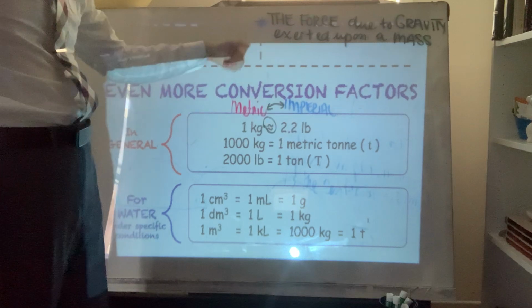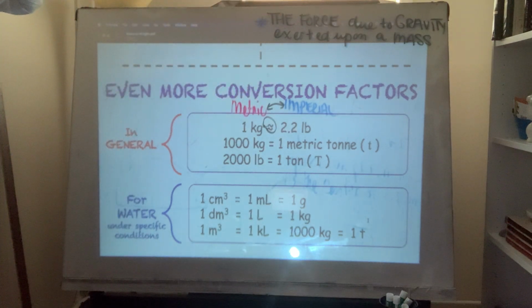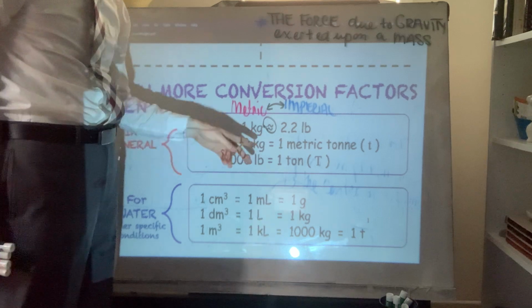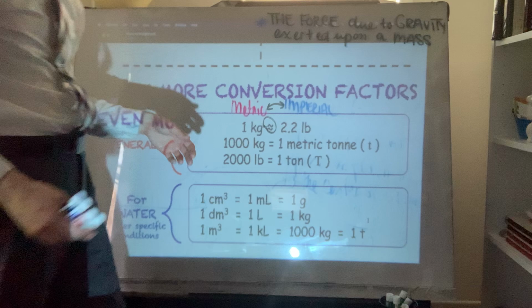If you were to rearrange this relationship, it would be something like 1 pound is about 0.45 kilograms.